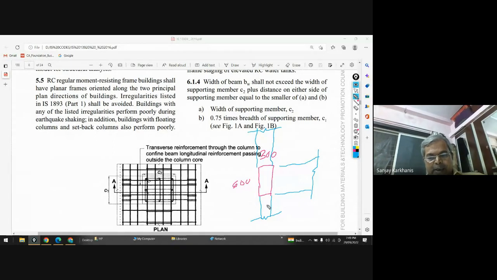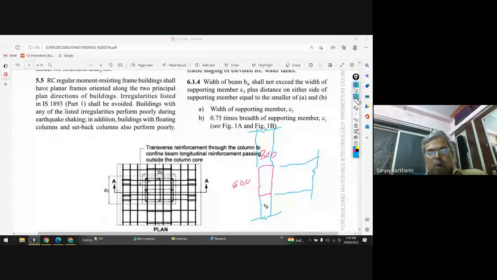But let us say that this is your column, and you are having this beam width of 300, and let's say this beam is heavily reinforced at top and bottom, so that you need a width of beam more than the width of the column. What will happen? Then this is your depth, this is your width.